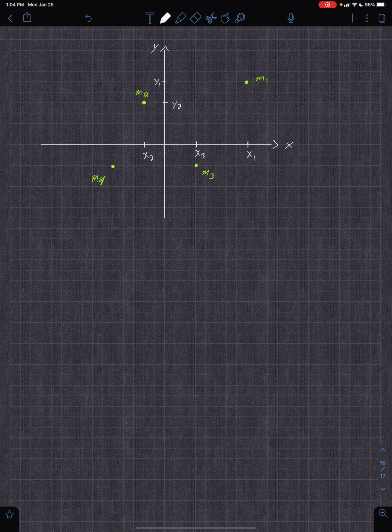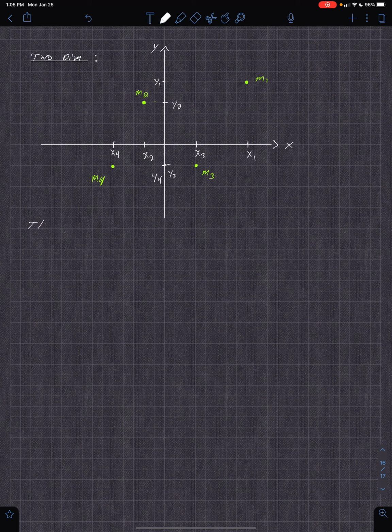That's your x3 and your y3, and this would be x4 and your y4. So this is the 2-dimensional case, closer to what we'll be doing for our calculus stuff. Then we want to talk about what we call the moment.